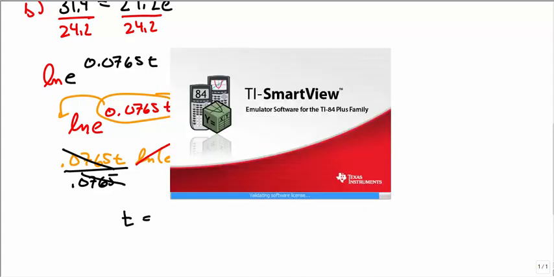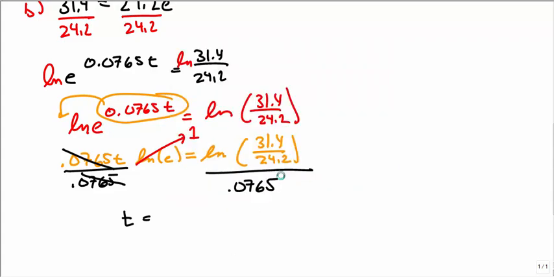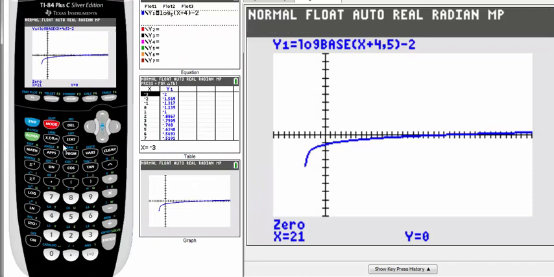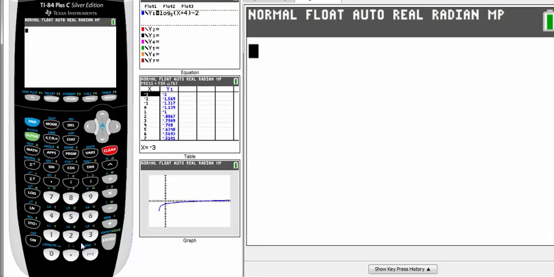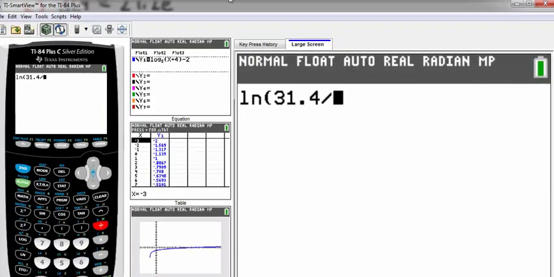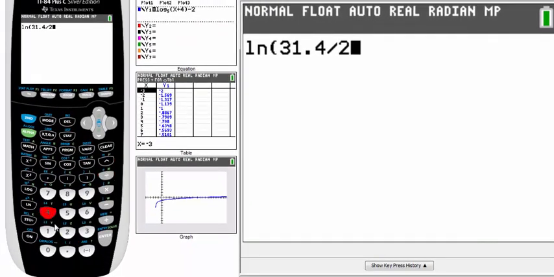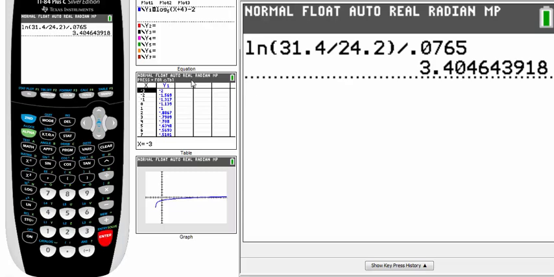We'll have the natural log of 31.4 divided by 24.2, so that's all in the argument of the log. And all of this is divided by 0.0765. Let's see what we get for an answer.